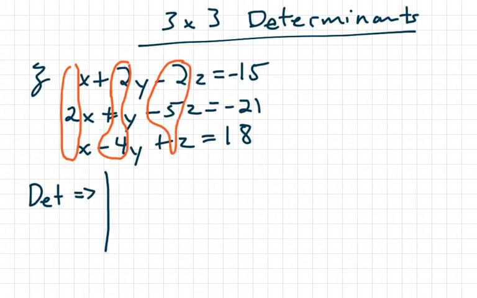So I've got a 1, a 2, and a 1 for the x values. I've got a 2, 1, and -4 for the y values. I've got -2, -5, and a +1 for the z values.